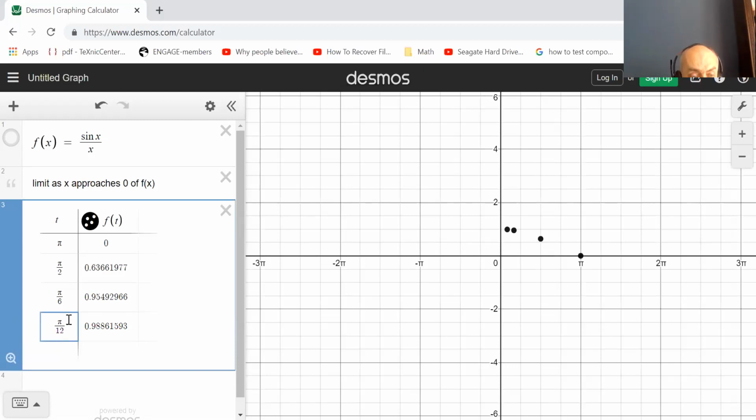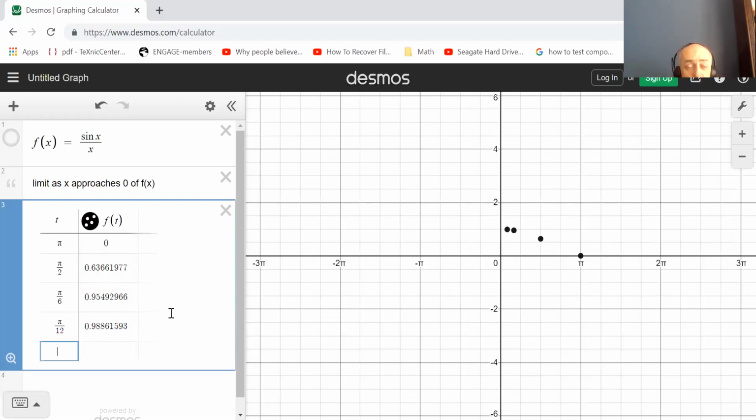Well, if we do pi over 12, pi is 3.14, 12 is 12, so 3.14 divided into 12 parts is approximately 1/4. So you can see that the value of f is even higher than the one before.